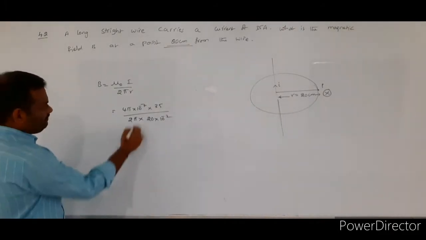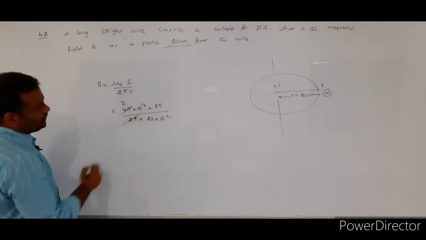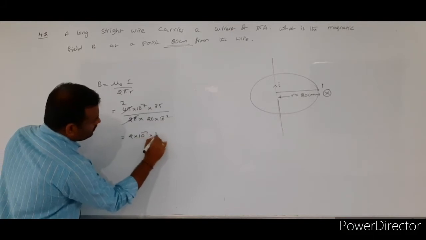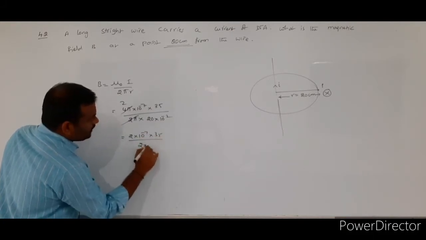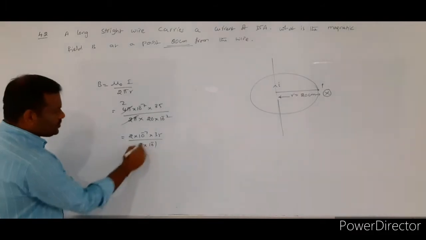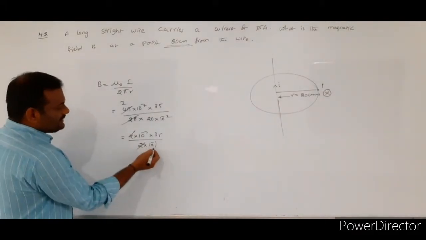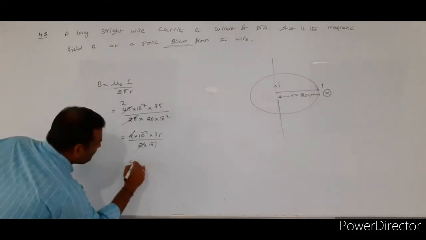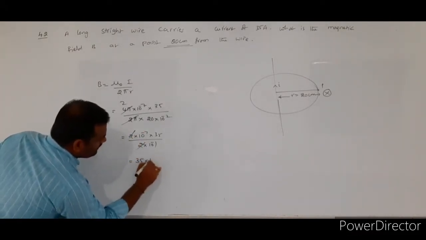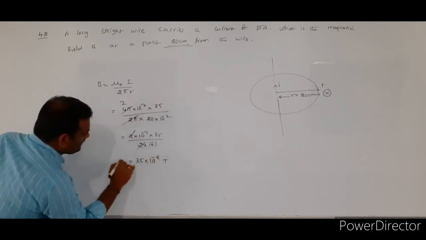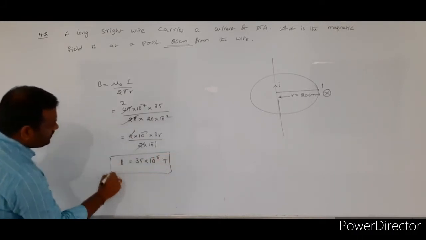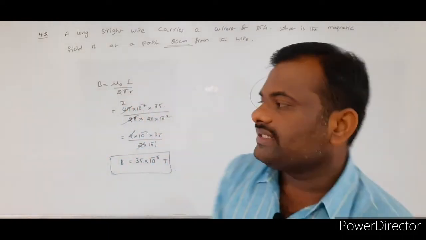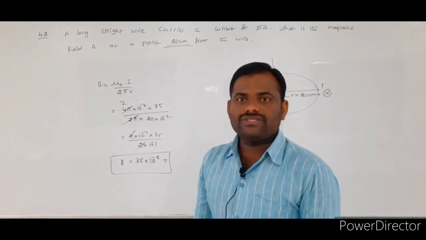Now you simplify, this is a 2 pi, 2 pi, so this value is equal to 2 into 10 power minus 7 into 35 by 2 into 10 power minus 1. So 2 will get cancelled. So this 10 power minus 1 goes to the numerator, it becomes plus 1. So the magnetic field intensity is equal to 35 into 10 power minus 6 Tesla. The magnetic field intensity value is equal to how much? 35 into 10 power minus 6 Tesla. This is the answer for the second numerical.